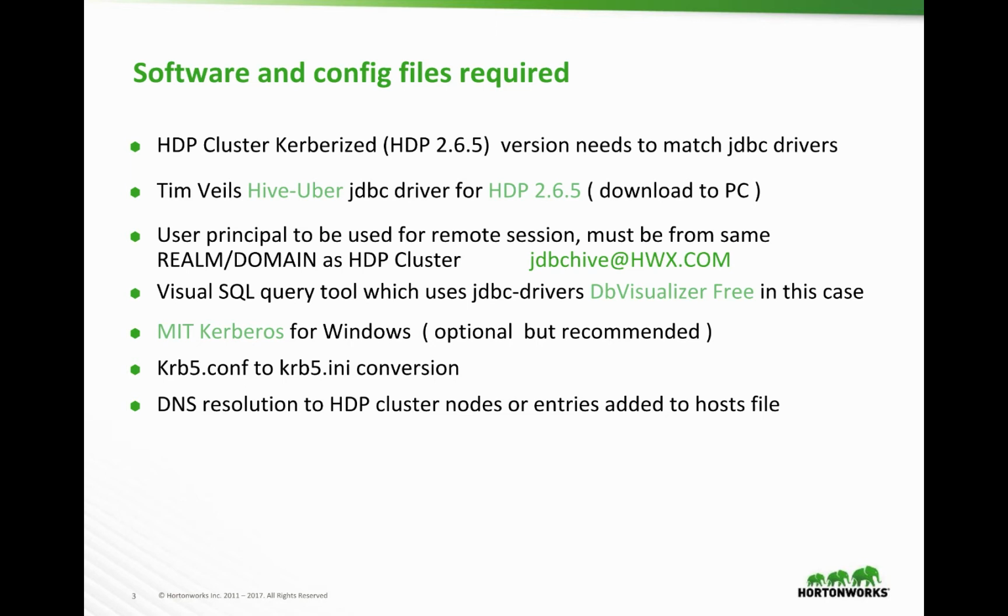From cluster side, we have the HTTP cluster 265, and emphasis on the version here because it does need to match the drivers that we will use later. For the driver itself, we're going to use the Team Bales Uber driver JDBC, which is available on GitHub. Same version as the cluster. Please download that to the PC.